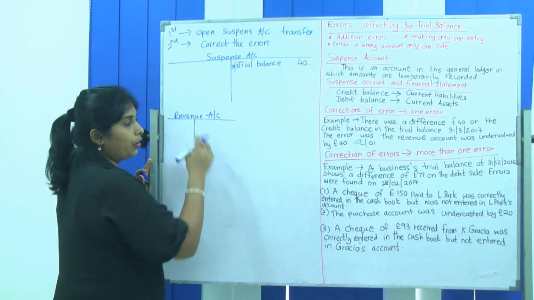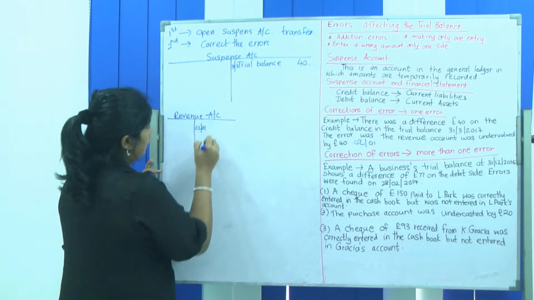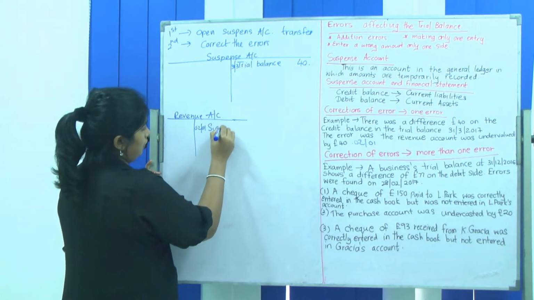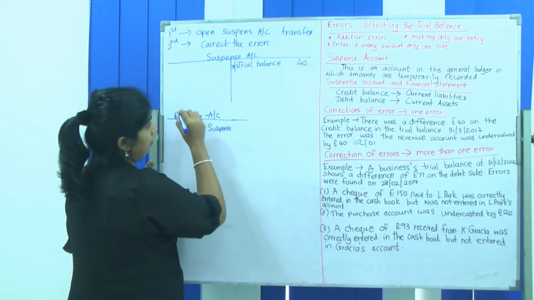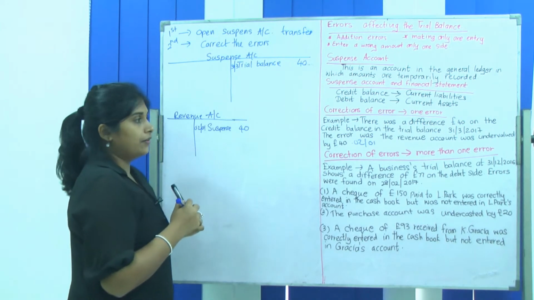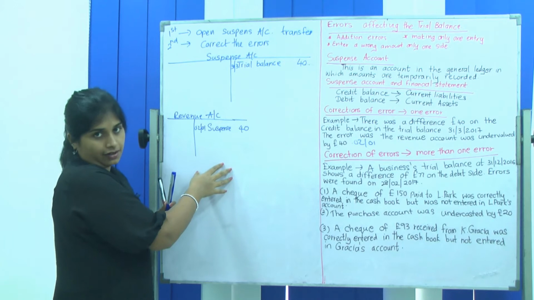So to increase or to add, on 2nd of January, you have to write here suspense account 40. Okay. So the error was found in the revenue account because it was undervalued. Undervalued means you have to increase the revenue account.